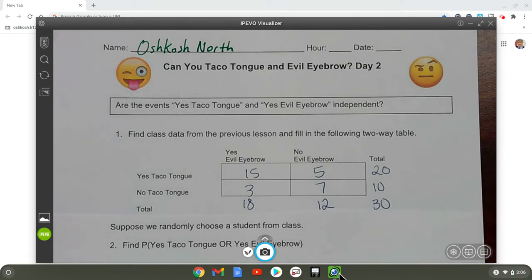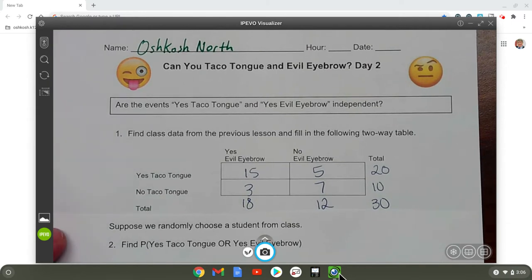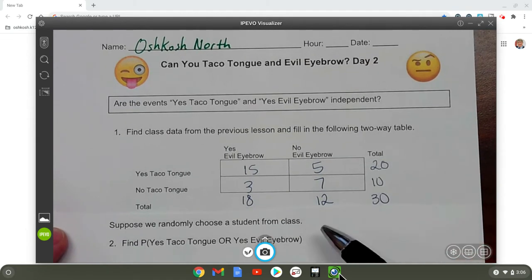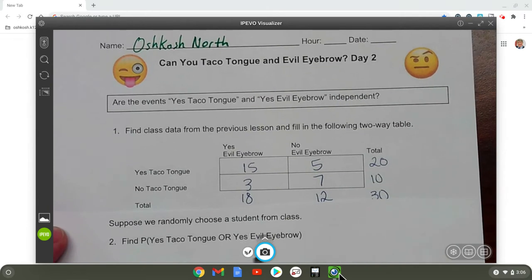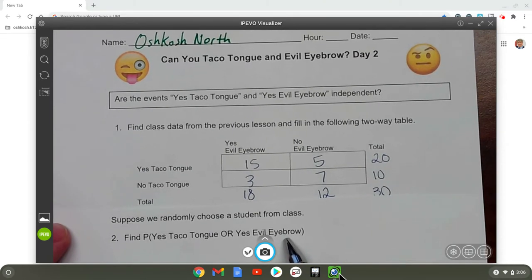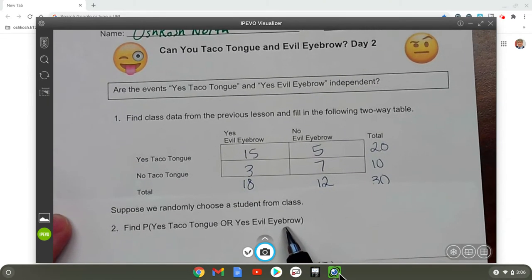That should always happen. So suppose we randomly choose a student from the class. So we're going to pick one of these 30 students. What is the probability that they are yes for taco tongue or yes for evil eyebrow? Okay, well, there's two ways to do this.